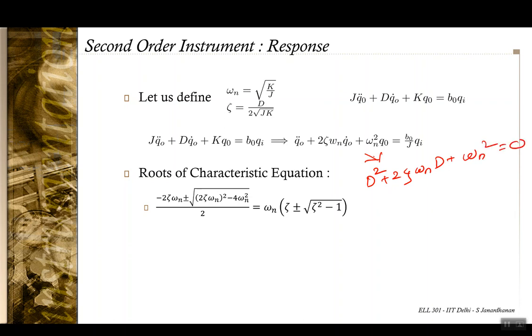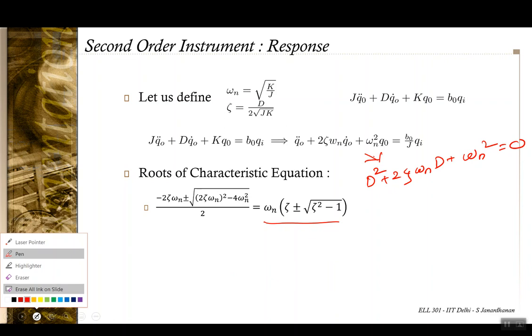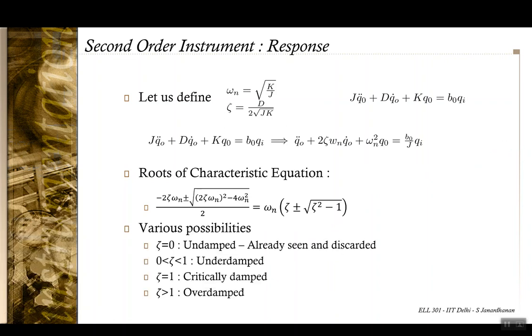If I take this characteristic equation and try to determine the roots, we end up with two roots positioned at these two locations. Now, depending upon the value of zeta, I can either have real roots, repeated real roots, or complex roots.